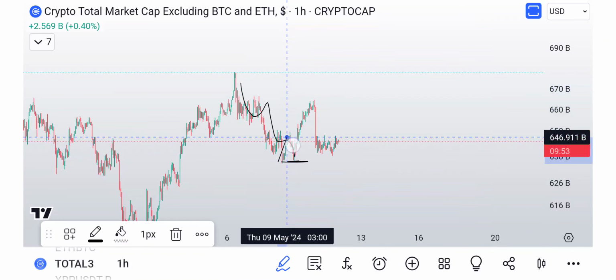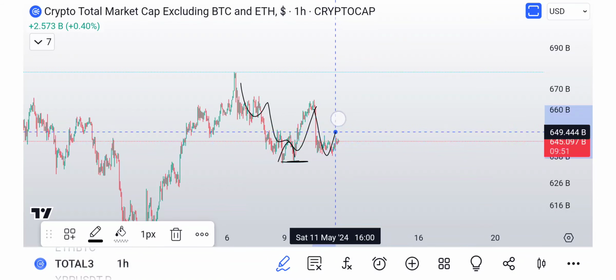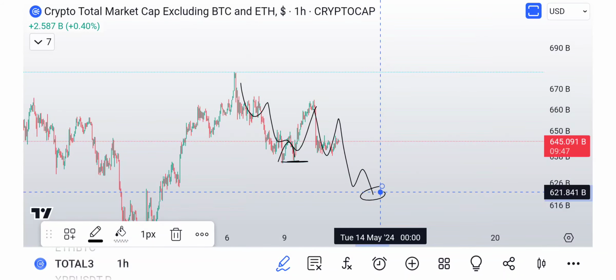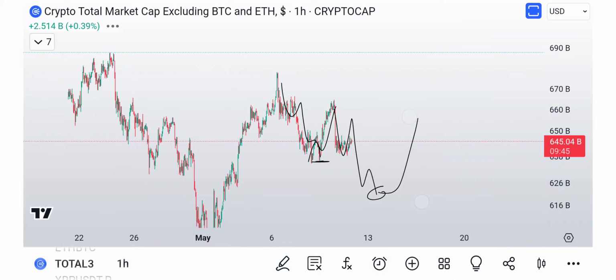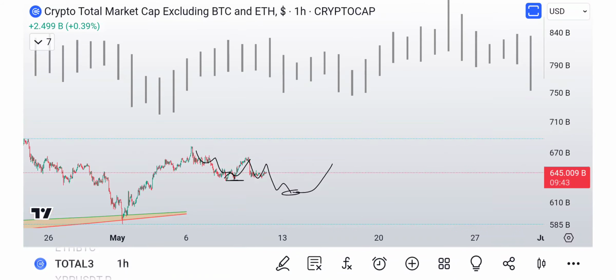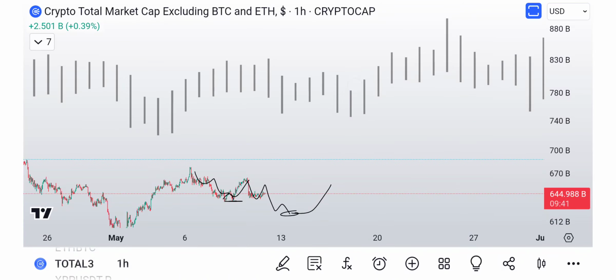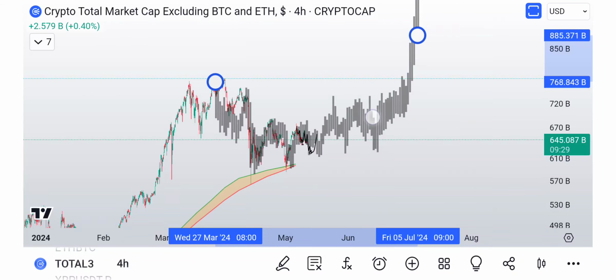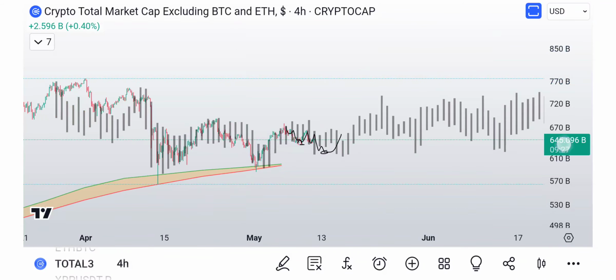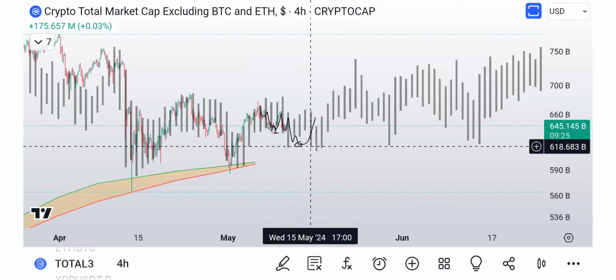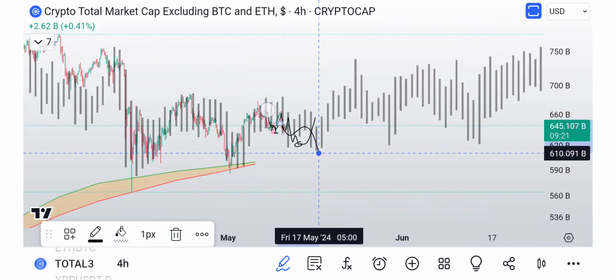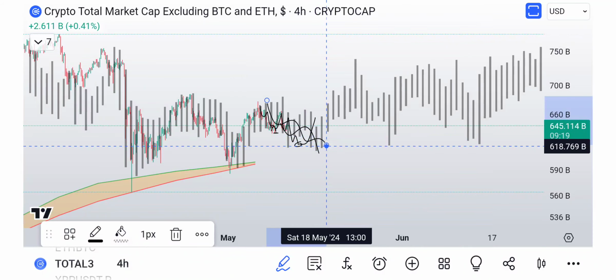It had this move, ABC, 1, 2, maybe we get 3, 4, 5, and we come down in here before coming back up. So if I take the fractal and I match it back, we can see it's starting to look a little better, right? It gives us that correction back down in here. It finishes up this move.